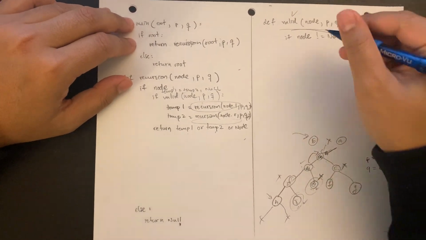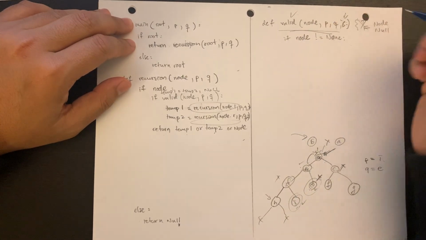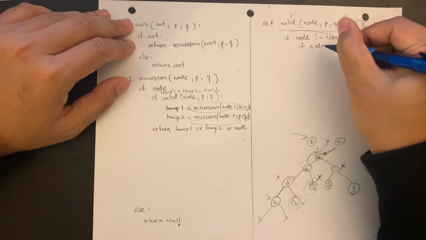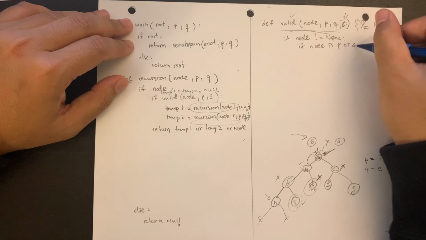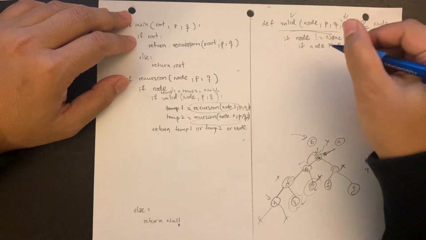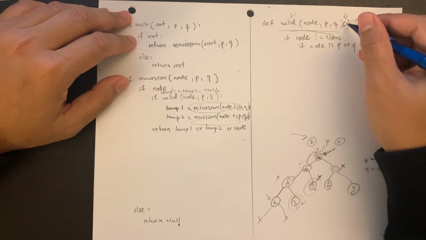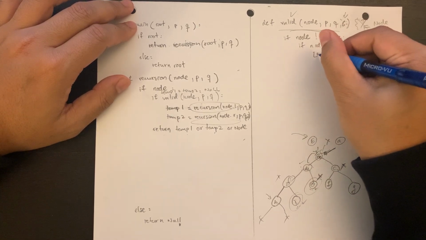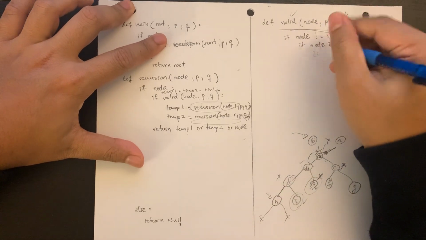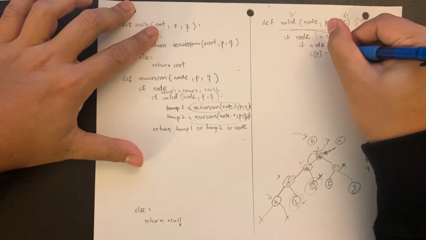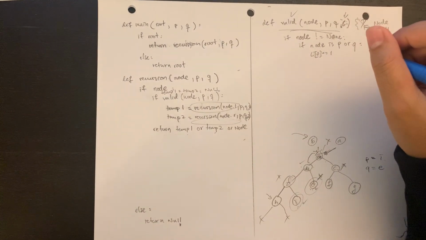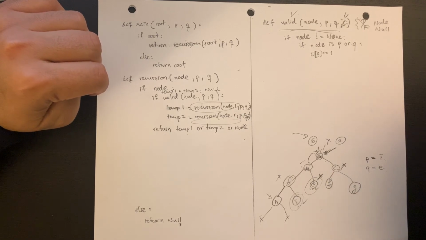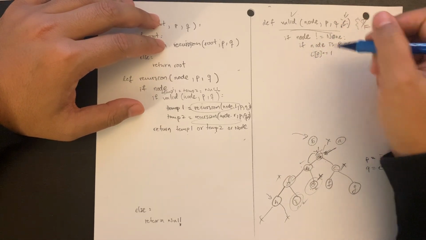So if node is not equal to none, we check the node itself. So in this case, we check A. So we check if node is P or Q. So if it's true, we do something, and then we also need to recurse left and right.